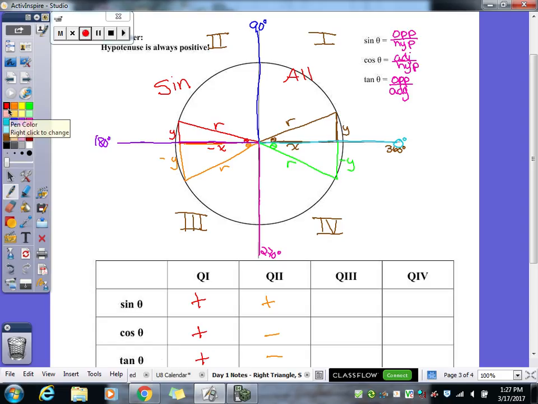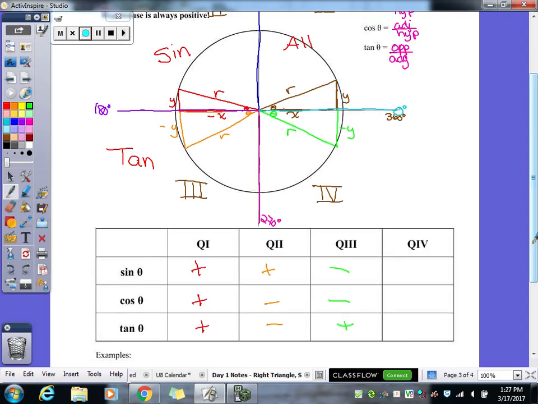In quadrant 3, your tangent is your positive value. So sine would be negative, cosine would be negative, tangent is positive. And then in quadrant 4, your cosine is the positive one.